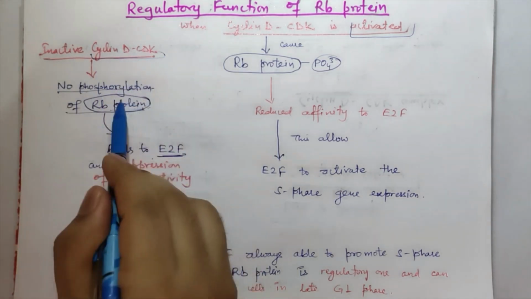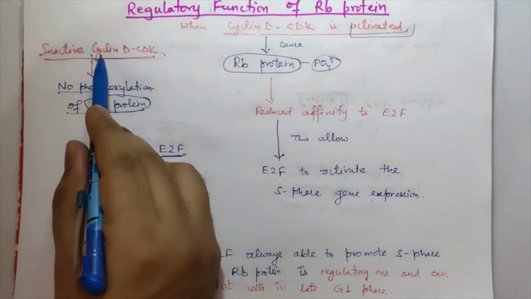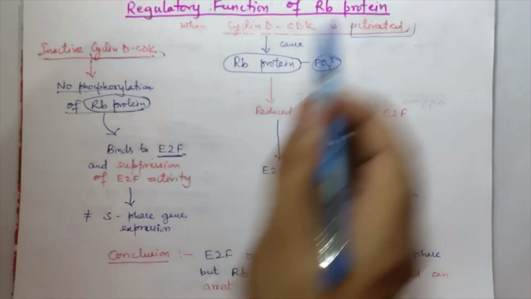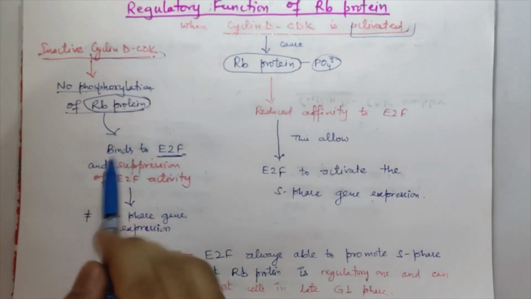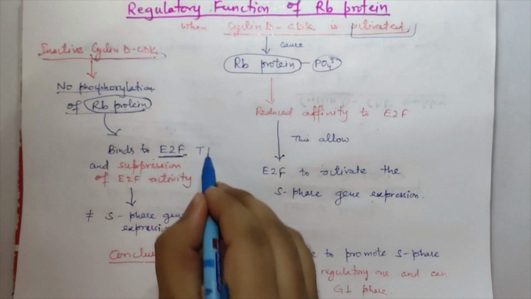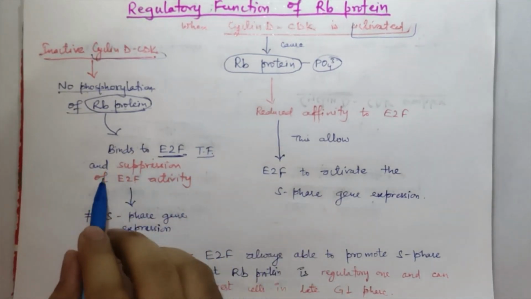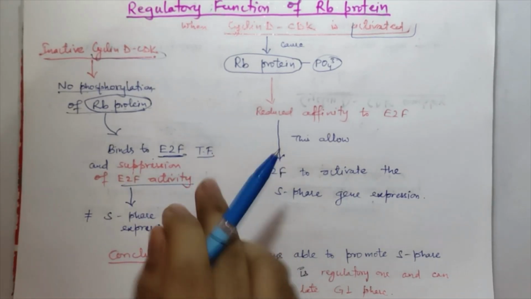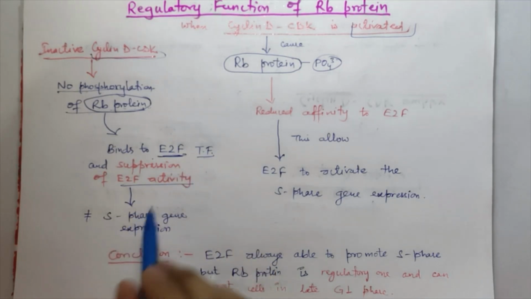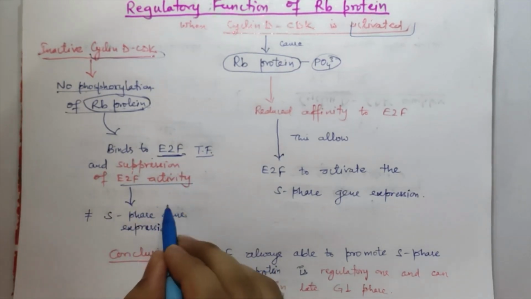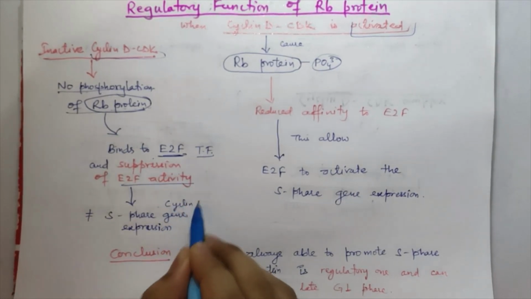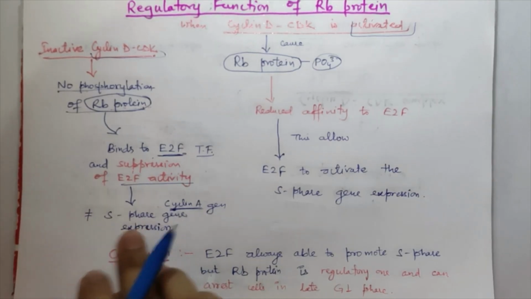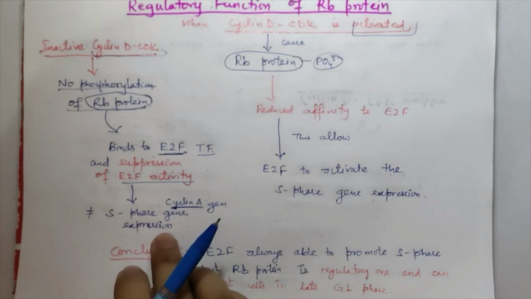When there is no active cyclin D-CDK complex, no phosphorylation of the RB protein occurs. When the protein is not phosphorylated, it binds with the E2F transcription factor, and this binding suppresses the activity of the transcription factor, so it is incapable of binding with the DNA sequence of the cyclin A gene, and ultimately no active synthesis of cyclin A or S phase gene expression occurs.